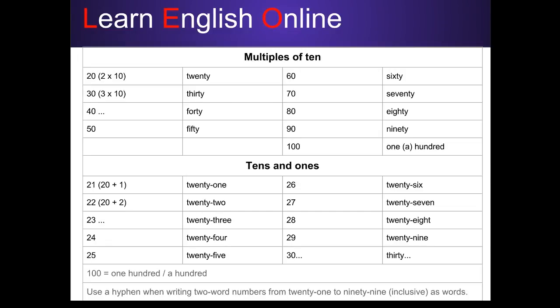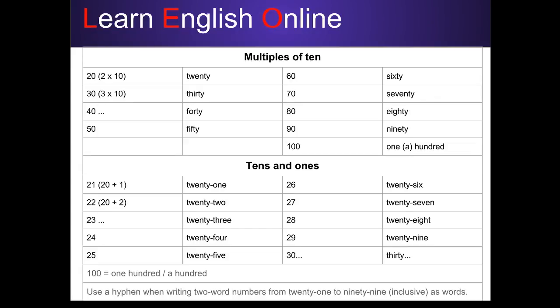Okay, let's move on. We have multiples of 10. So above 19, we move into what people sometimes call the tens, which are multiples of 10. So if you think above 19, you've got 2 times 10 is 20. So we've got 20.